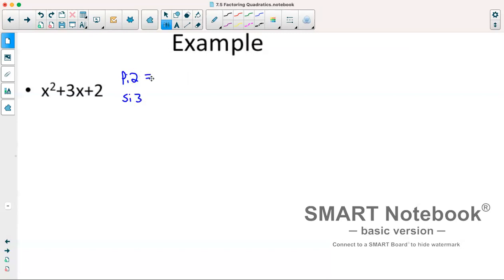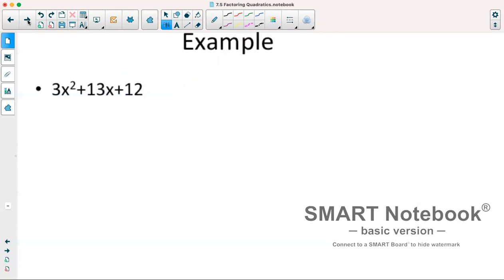So two things that multiply to 2 and add to 3 would be positive 2 and positive 1. So factoring this, we'd have x plus 2 and x plus 1. Now, if we were asked to solve this, we'd then say x equals -2 and -1.